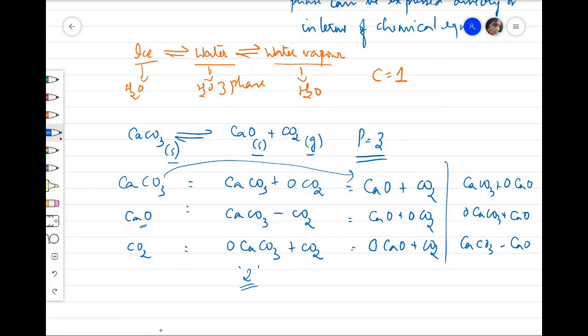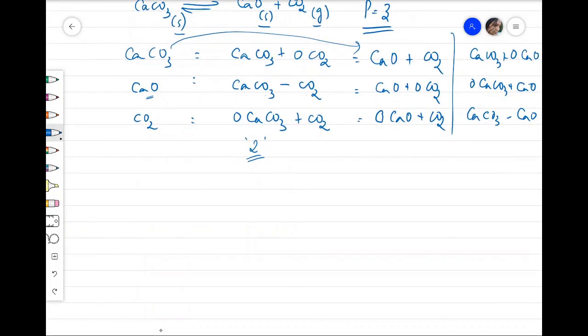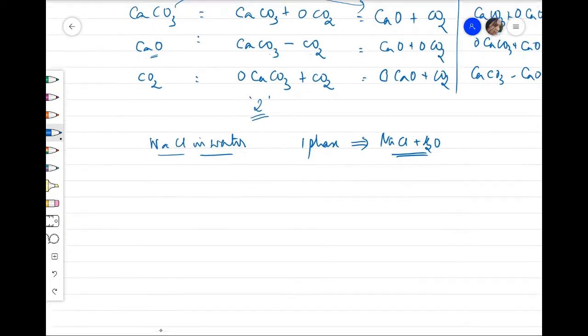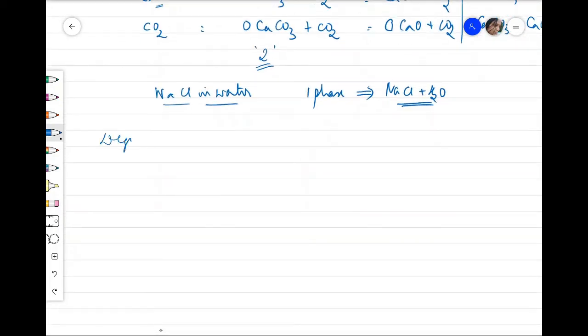This is how we have to think. Similarly, if I have sodium chloride in water, saline, it is one phase only, but composition wise there are two substances, and in this one phase it is NaCl plus H2O. So we state the composition like that. Okay, the final thing we have to know is degrees of freedom.